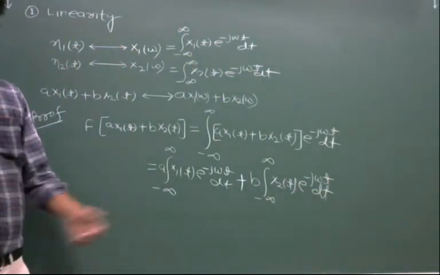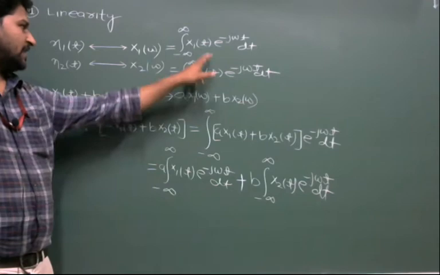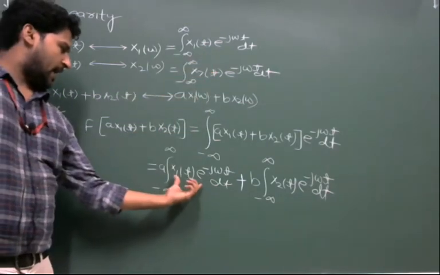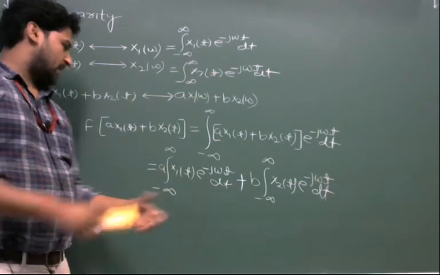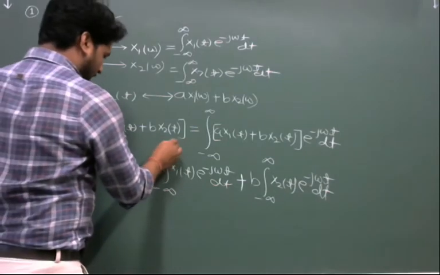Now compare these two relations. Here it is x1(t) e power minus j omega t. What does it mean?